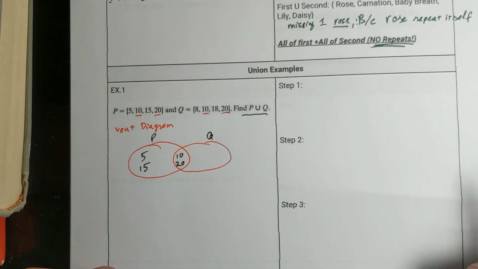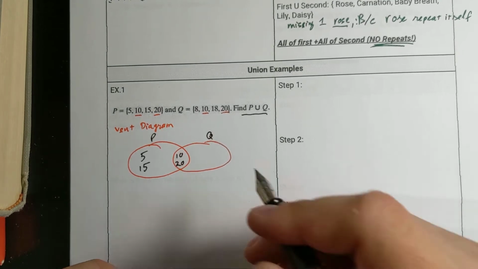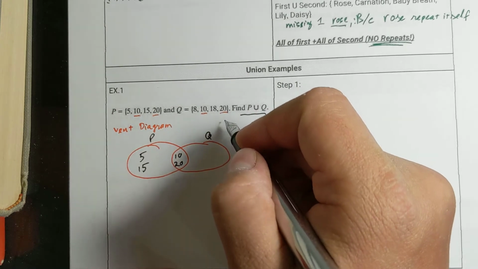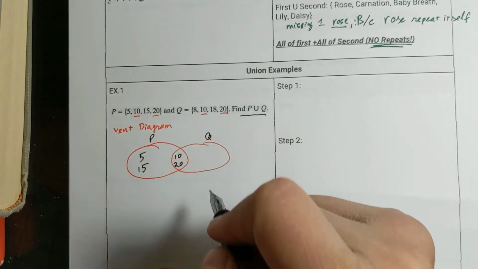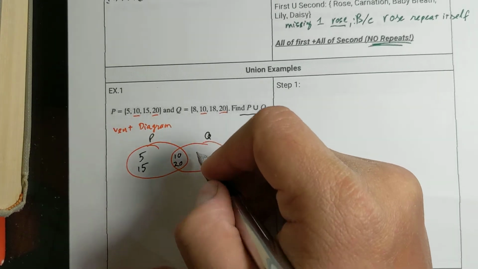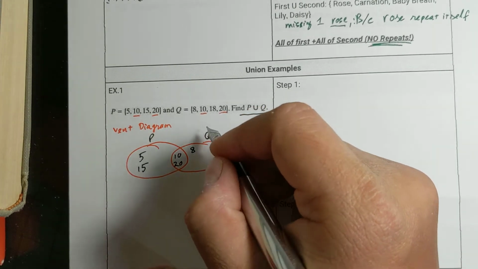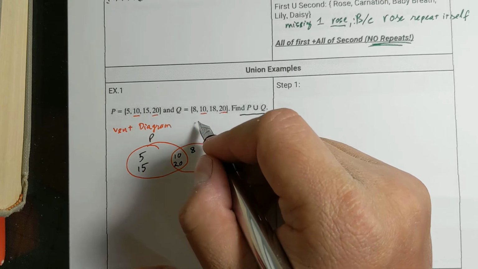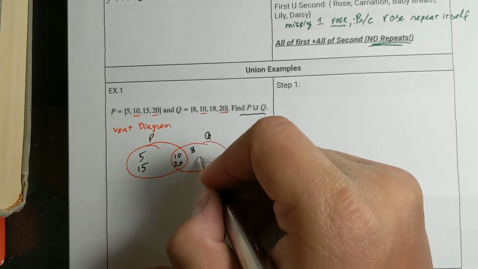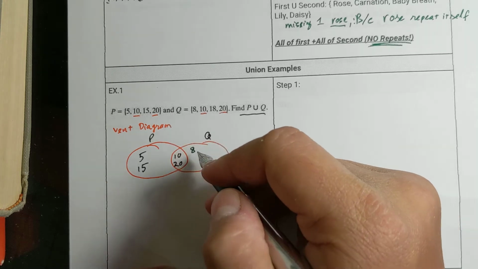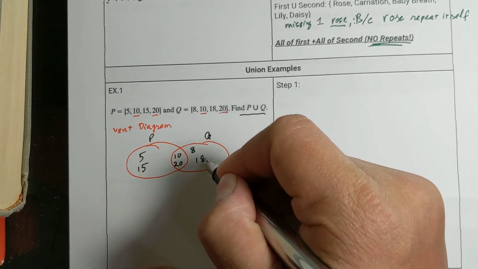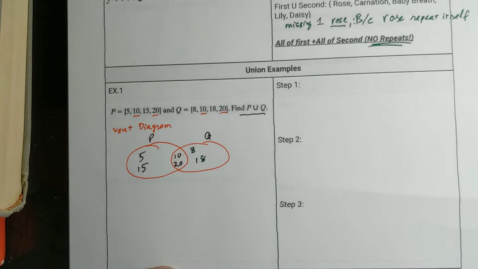We do the same thing on Q. However, since 10 and 20 repeat, I don't have to rewrite them twice, which would cause confusion down the road. So I'll just write down the items that are only in Q: 8 here, and 18 here.